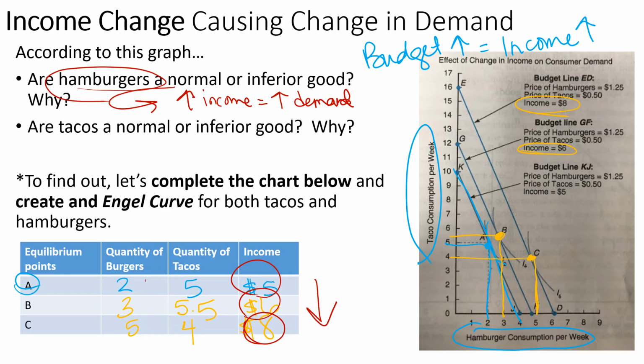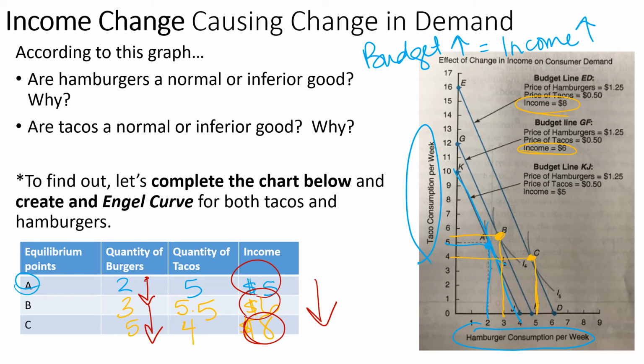Well, as our income went from 5 to 6 to 8, demand went from 2 to 3 and then to 5. So as our income rises, our demand for hamburgers is rising, so it is a normal good because demand is rising with income.